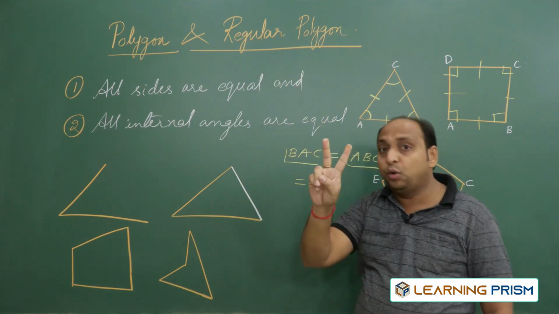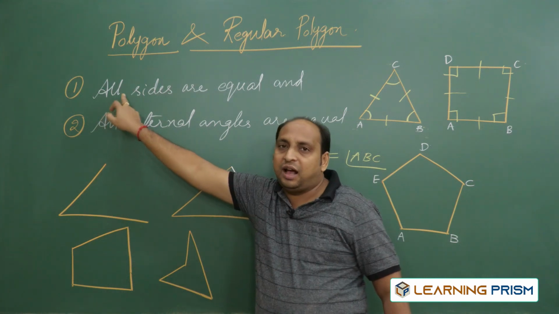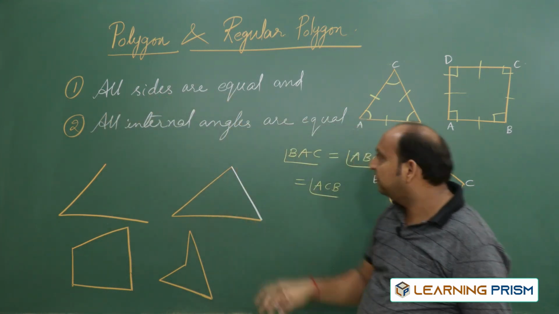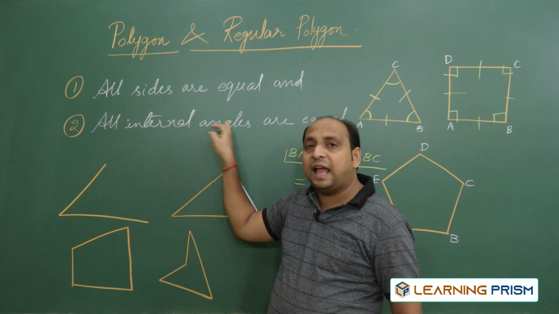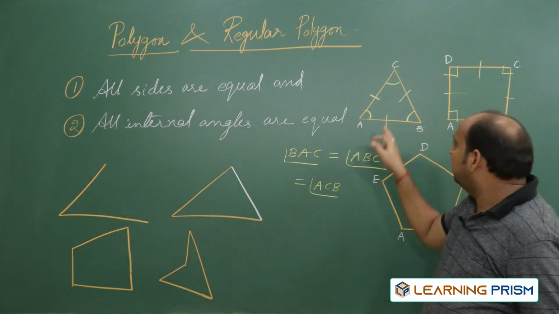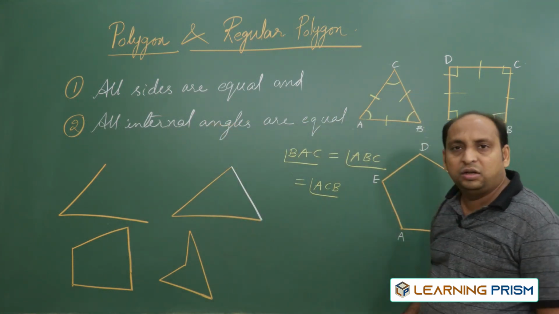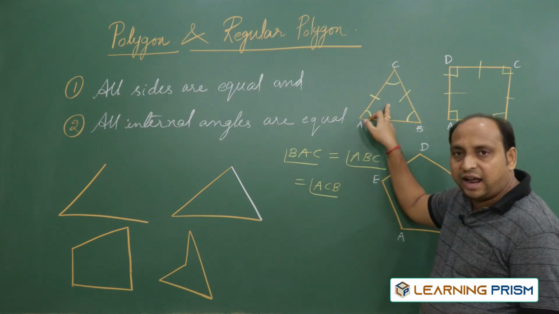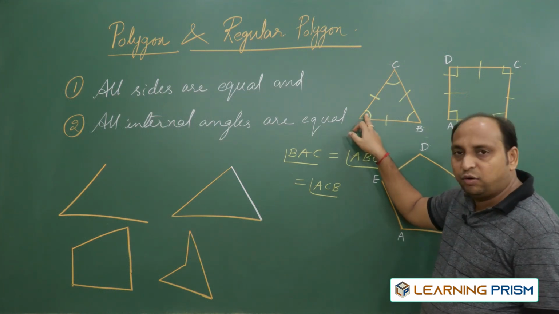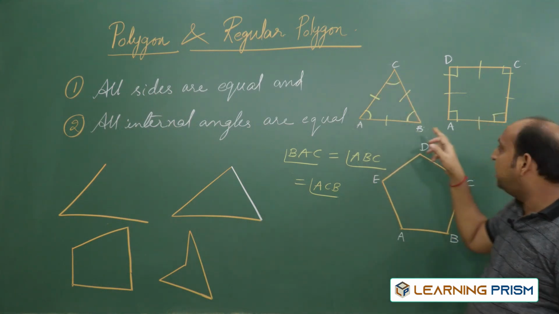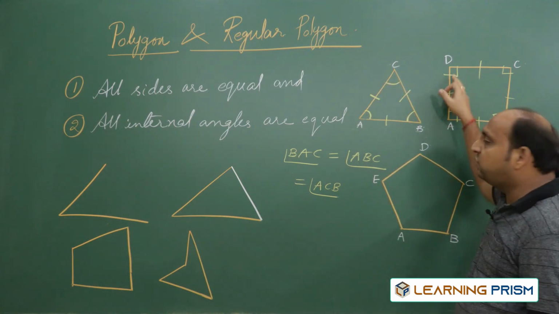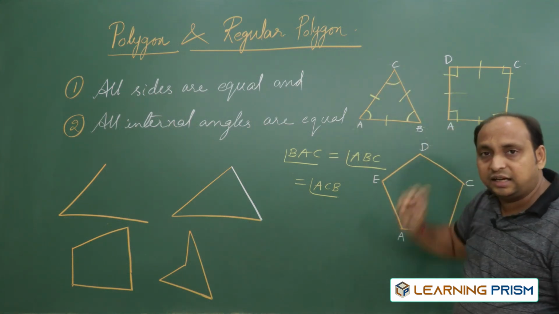One is all sides are equal, and all internal angles are also equal. So in an equilateral triangle, the internal angles would be 60, 60 and 60. And in a square, the internal angles will be 90, 90, 90 and 90.